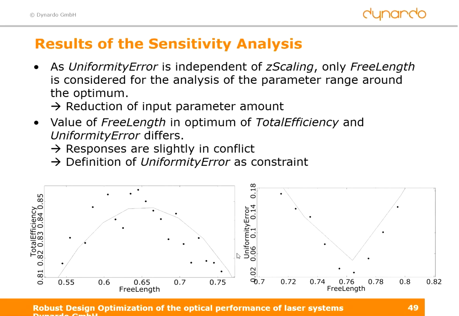We can see that the responses are slightly in conflict, because the optimal value for the free length for the total efficiency is around 0.65, and for the uniformity error, the optimal free length would be 0.76, which means we have a slight conflict between these responses. So it's the best choice to define the uniformity error as a constraint.